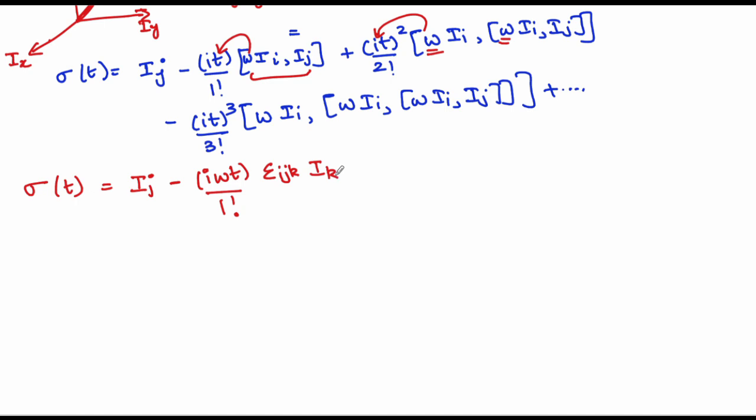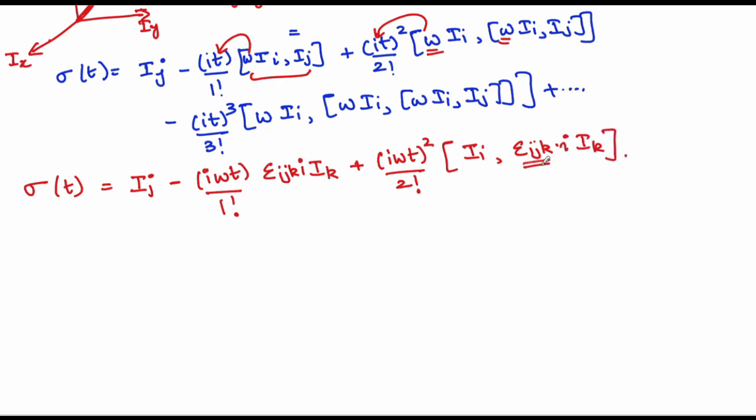You're going to get Ik. We have taken the square of omega outside, so i omega t the whole square by 2 factorial times the commutator of Ii with epsilon ijk times, I missed an i here, i Ik.